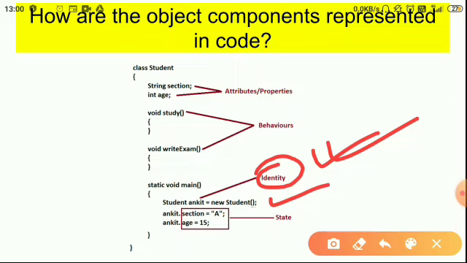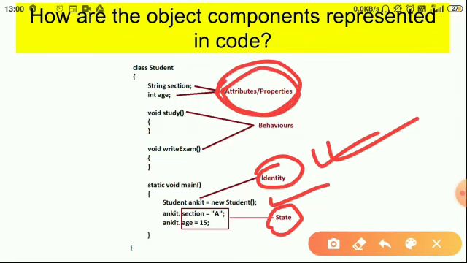Now finally let's see state. You know what attributes are. When you assign values, like a and 15, you are assigning a to section and 15 to age. So Ankit's section is a and Ankit's age is 15. That means now you have associated values with the attributes, so the attribute has become state now.